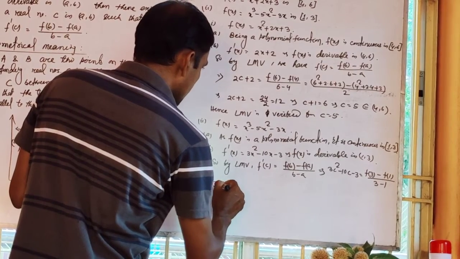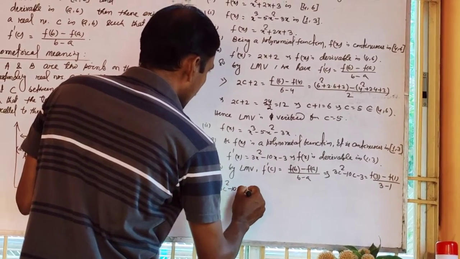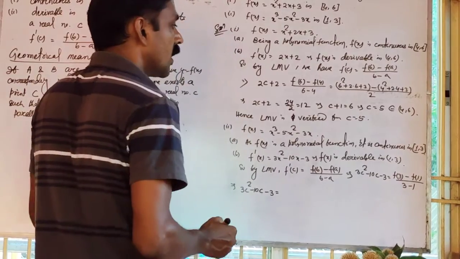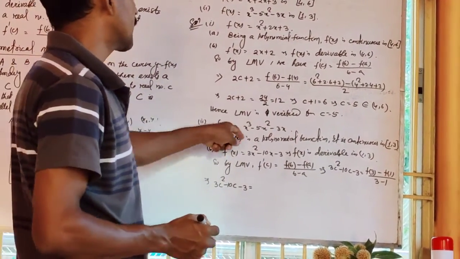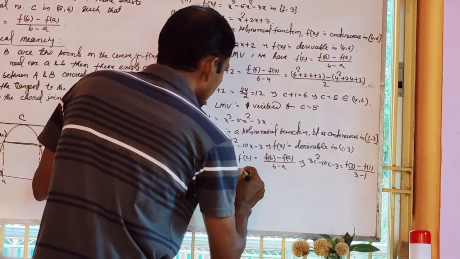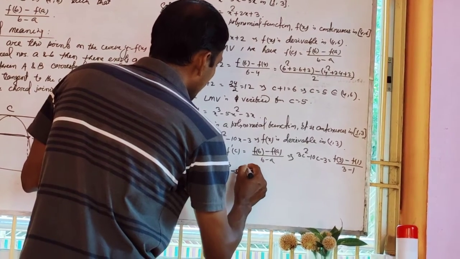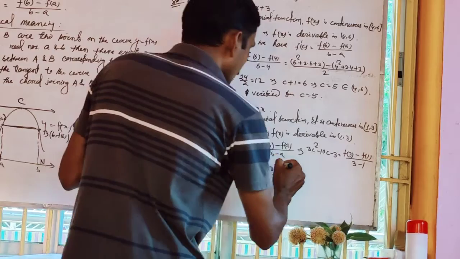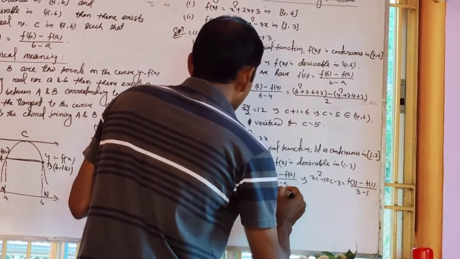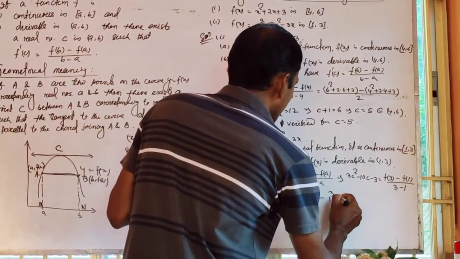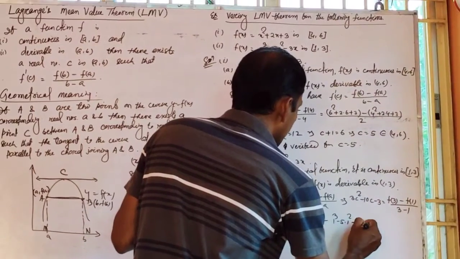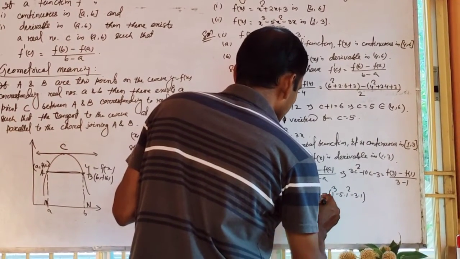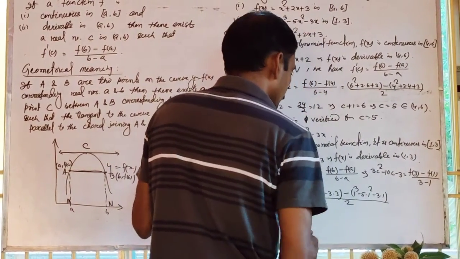This implies 3c square minus 10c minus 3 equal to, what is f of 3? F of x is this, that is 3 cube minus 5 into 3 square minus 3 into 3, minus f of 1, that is 1 cube minus 5 into 1 square minus 3 into 1, by 2.